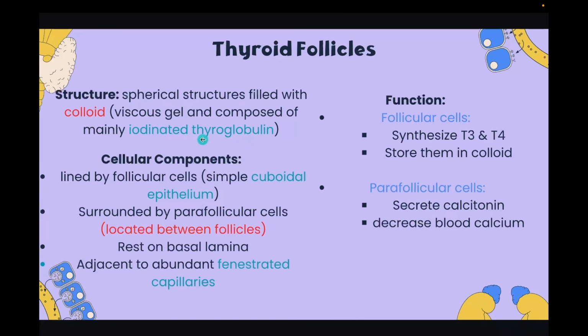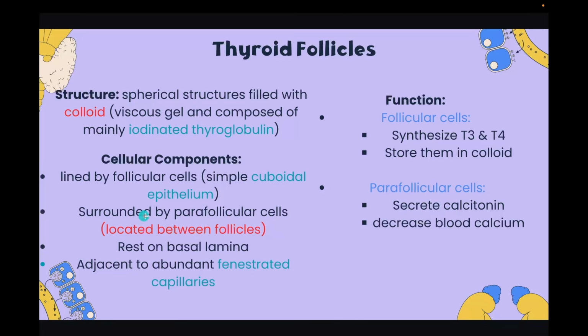You'll know thyroglobulin more once Ziad explains it in the physiology lecture. For cellular components, in their normal state the follicles are lined by simple cuboidal epithelium. So if you ever get asked what the epithelial lining of the thyroid follicles is, you need to say it's simple cuboidal epithelium.